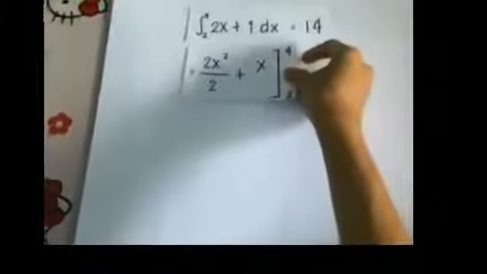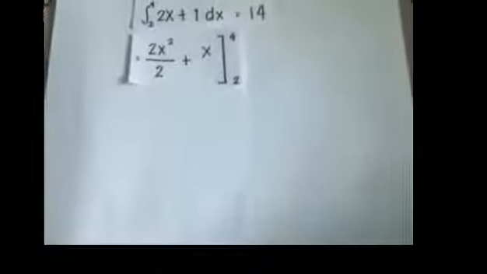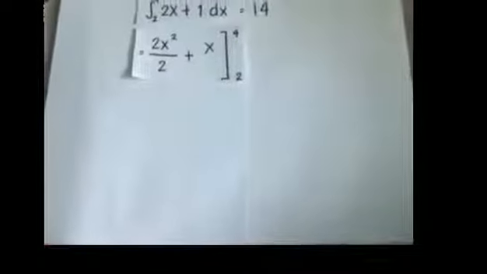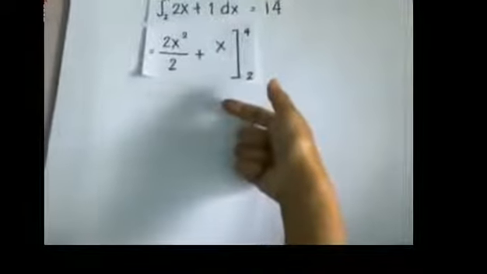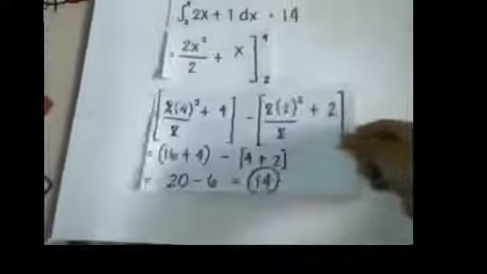The antiderivative of the integral of 2x plus 1 on the closed interval from 2 to 4 is equal to 2x squared divided by 2 plus x, evaluated from 2 to 4. Now let's substitute the 4 and 2 values for the x variable in our antiderivative.